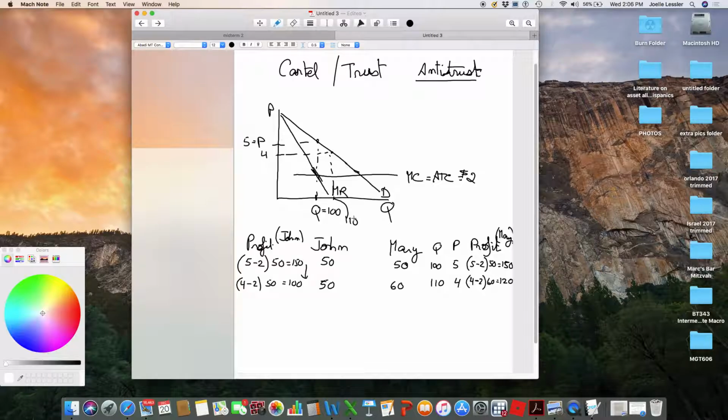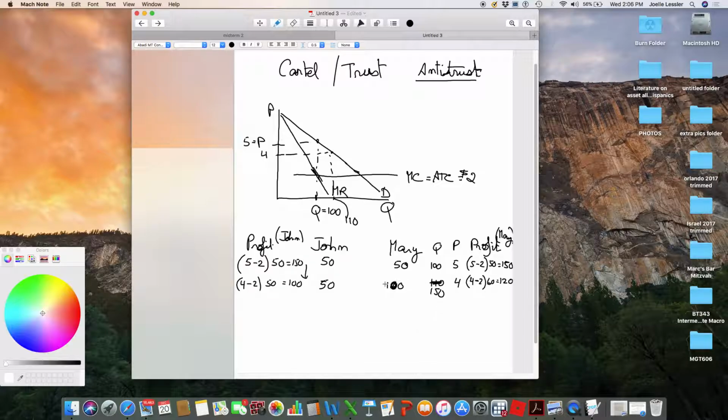Let me tweak this a little bit. Because in reality, sometimes it pays to cheat, sometimes it doesn't. So let's rewind a little bit. Let's say that she produces 100 units, so now the quantity that hits the market is 150, and at 150 the price is 4.